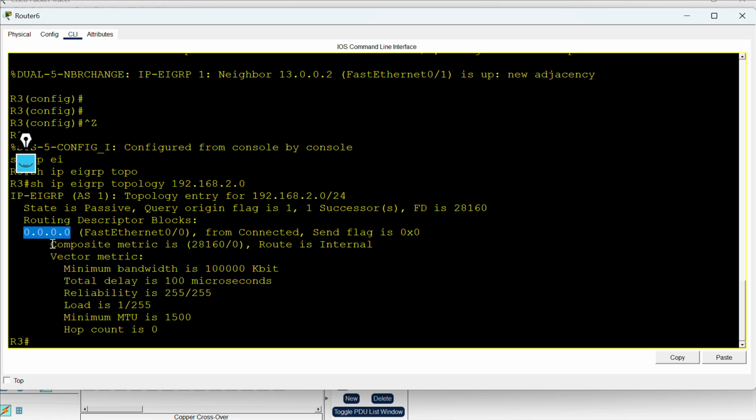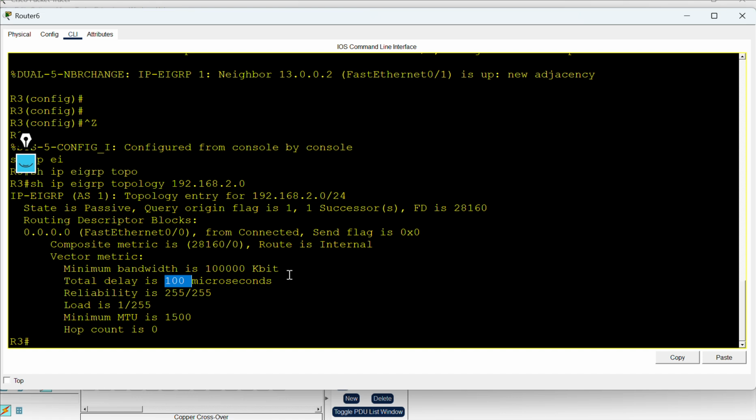But see here the composite metric. It shows only the feasible distance, not any advertised distance: 28160. But what is the minimum bandwidth, the delay, the reliability, the load and the MTU? Minimum bandwidth is 100 Mbps and the delay is 100 microseconds.